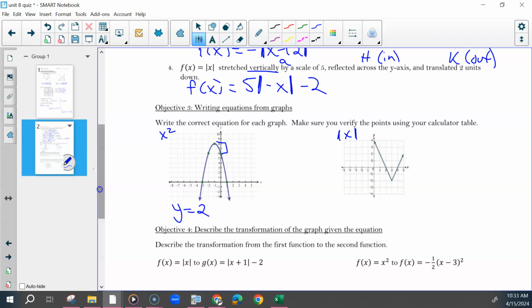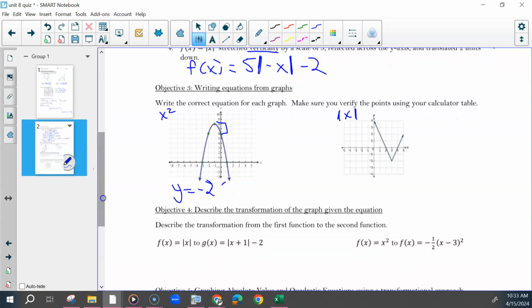Then I see that it moved and flipped upside down. So, sorry, this should be negative 2. Inside the parentheses, it moved to the left 1. So that'd be x plus 1 squared. And it moved up 8. So I'll write those transformations off to the side.